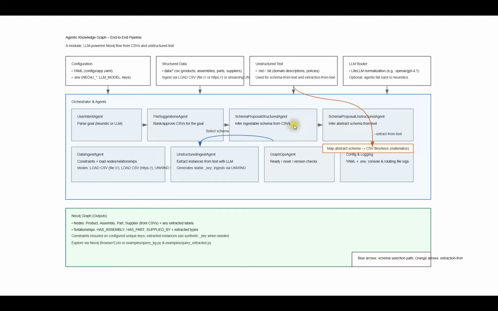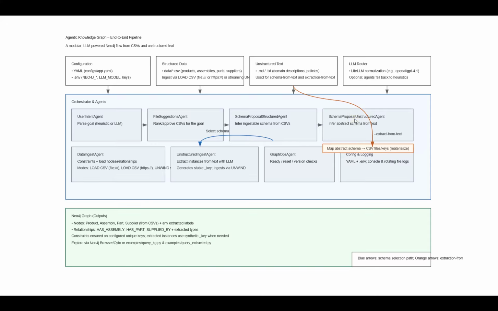We will create nodes and relationships from the same data, but in the schema proposal structured agent we use the metadata of our CSV file, this means headers and attributes, and here we have the same but described in natural language in a TXT or Markdown file.